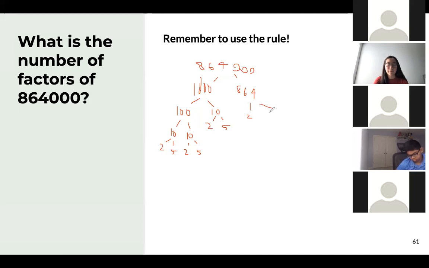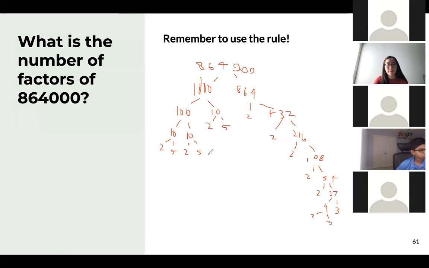So we take out 2 because it's even, so we know we can take out a 2 and get 432 to 216. Take out another 2, 108 to 54 to 27, 9, 3, 3, and 3. So that's how you break it down.